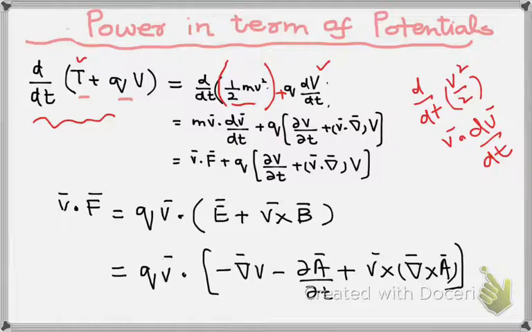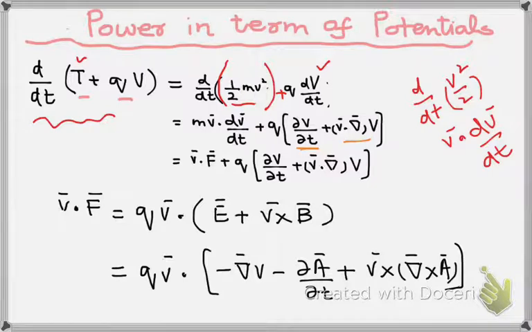This is the total derivative, and the total derivative of potential is represented in the form of the convective derivative of the potential. This is the local derivative of potential, and this is the convective derivative of the potential. We have just used the definition of the total derivative.